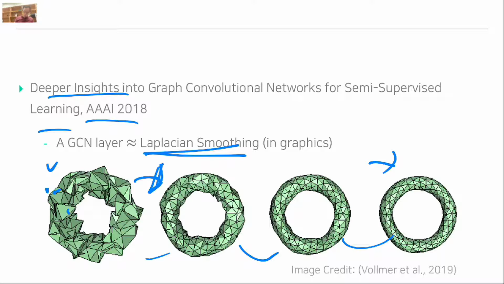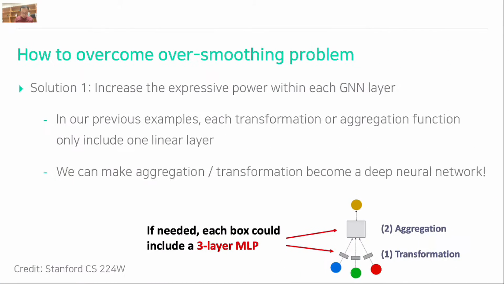They lose all the geometric information. It's similar in the graph, the GCN. So when we have very similar node representations, it is not likely to help get better performance in downstream tasks.